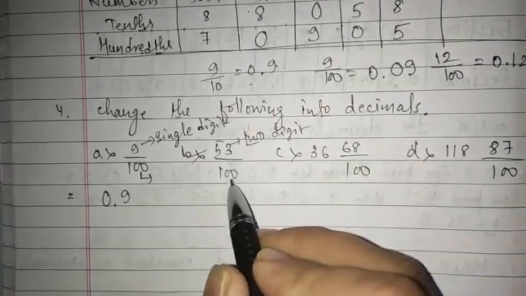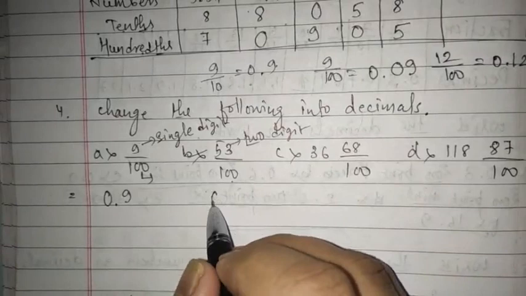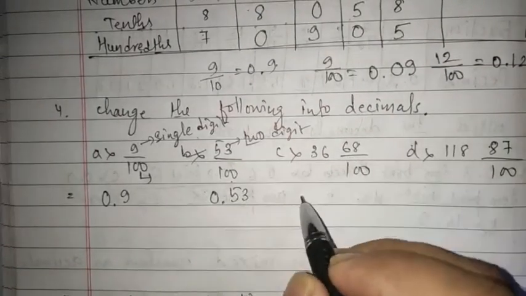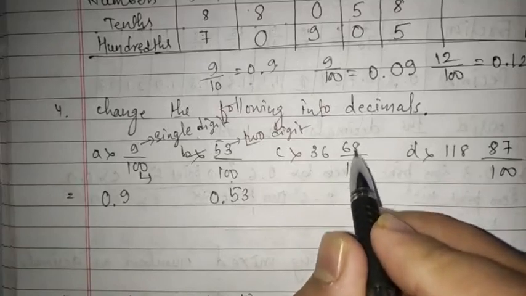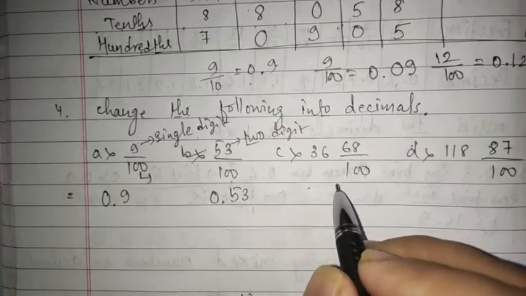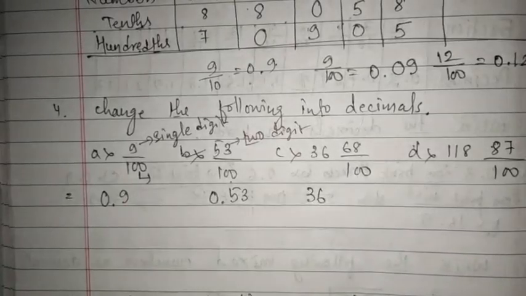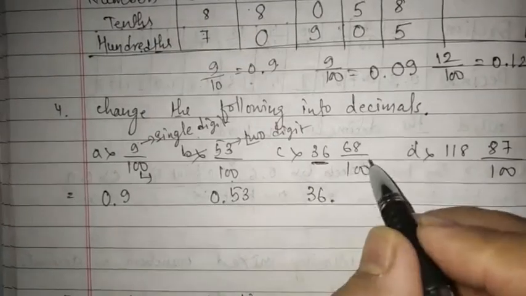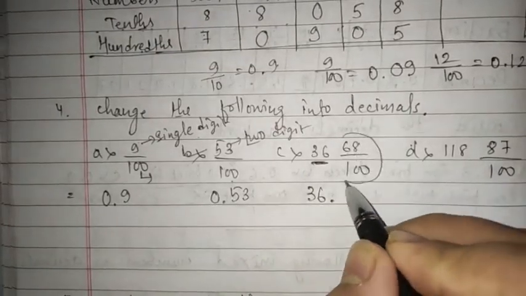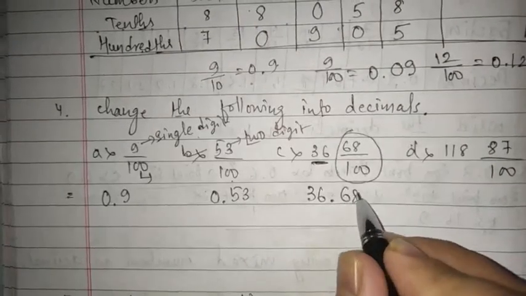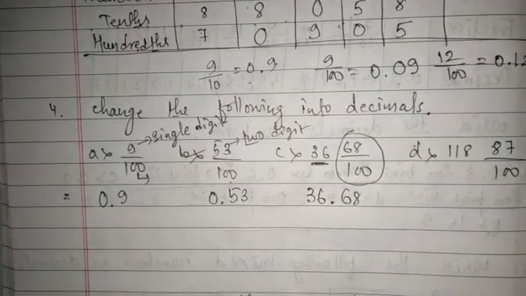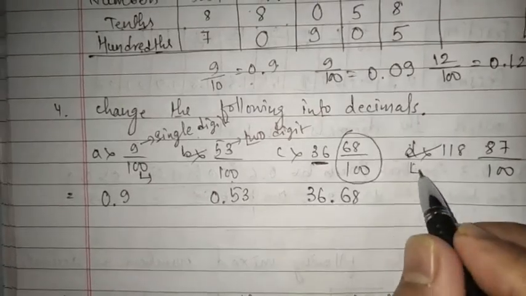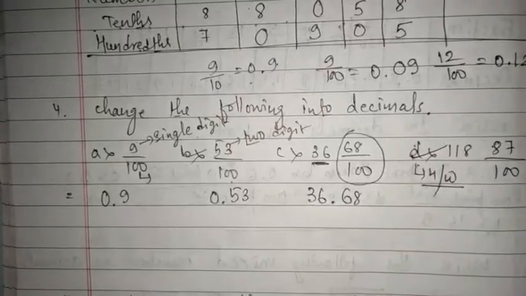If such a condition is there and it is divided by 100, then you write 0.53. Similarly, here it is a mixed number. It is not a big problem, just write the whole number, then whichever number is in fractional form, just put 0.68. Finish. 36.68. Similarly, part D you are going to do yourself. This will be a home assignment.